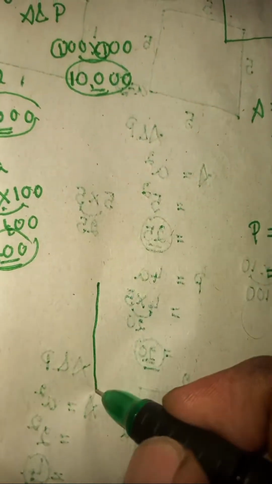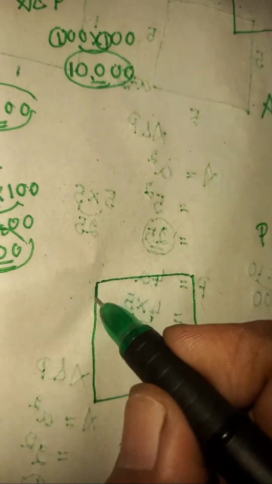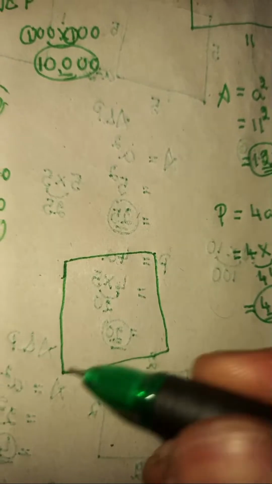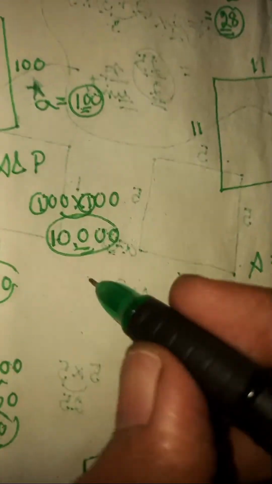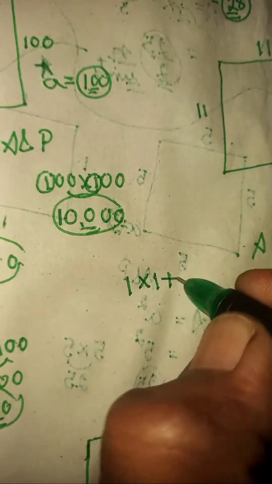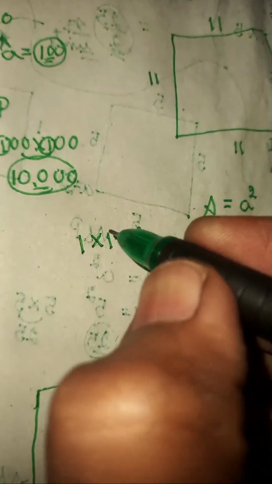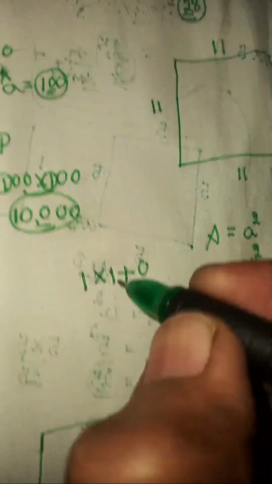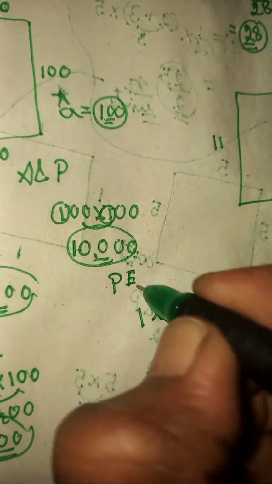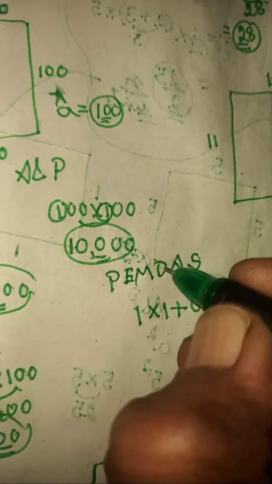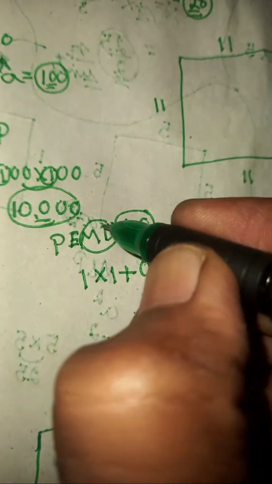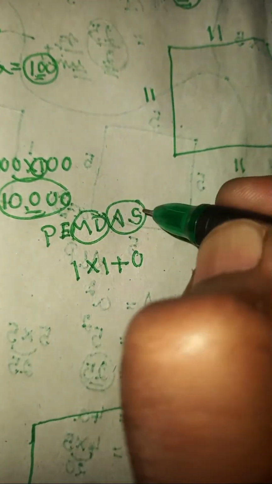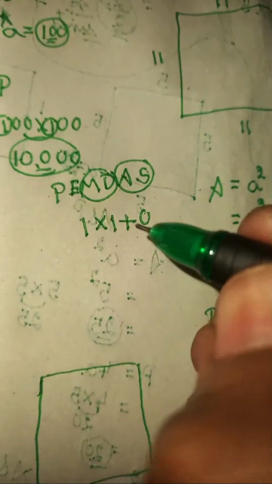Now let's take another square, the final square. Here they have given this square and all sides, and they're asking what is 1 times 1 plus 0. Let me do this problem first. In this problem you can use the PEMDAS rule. According to this PEMDAS rule, first you must give preference to parentheses, exponents, then multiplying and dividing are more important than adding and subtracting.